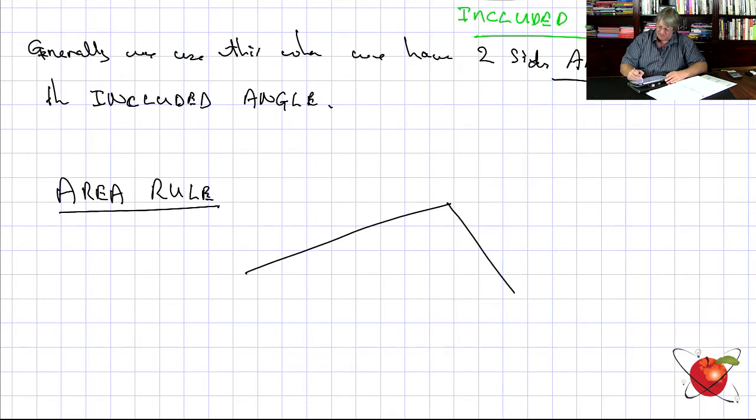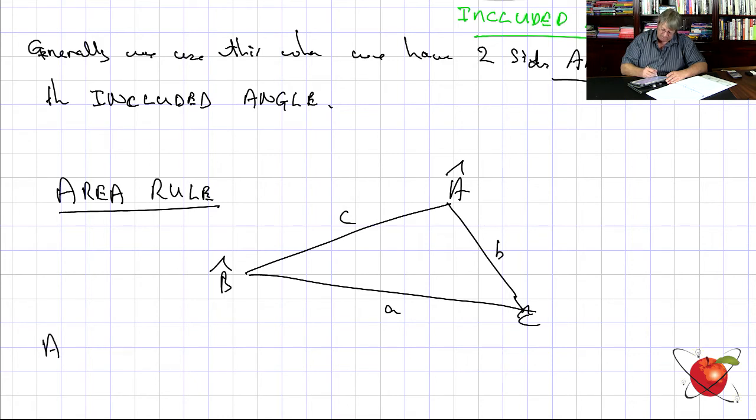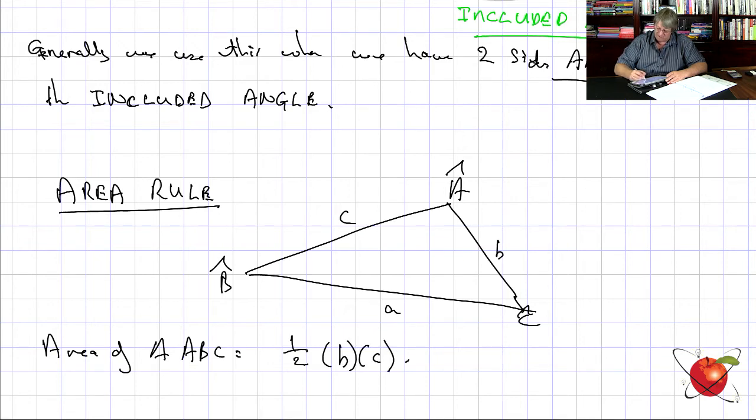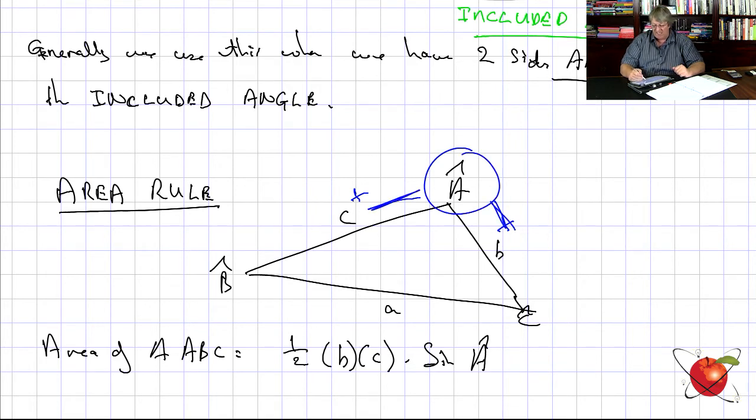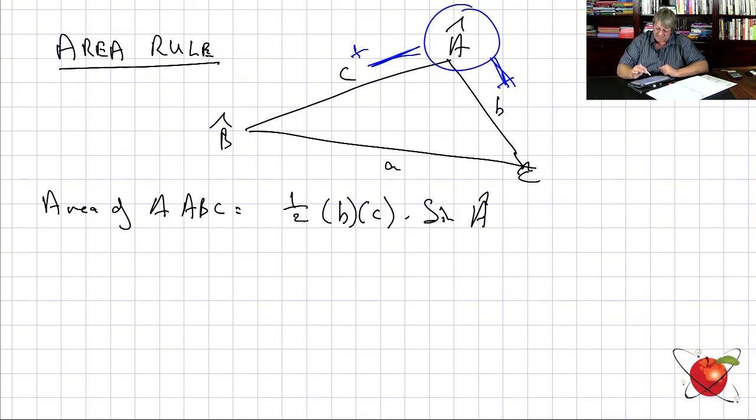Once again, I am using the same triangle as before: A, B, and C, angle A, angle B, angle C. The area of triangle ABC is equal to a half bc sine A. Let's just unpack it: bc sine A. So once again, it's the two sides and the included angle.